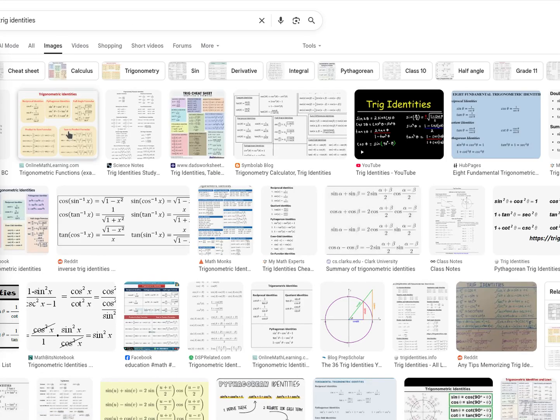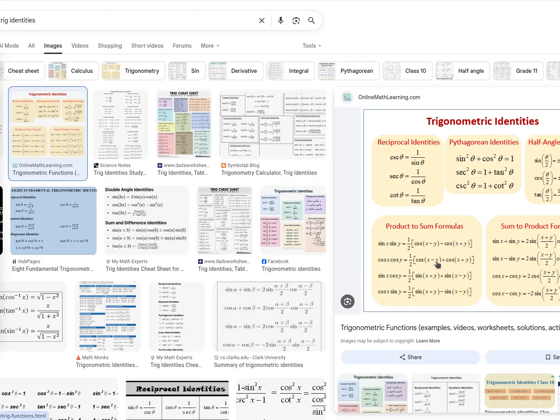0 plus cosine 2 theta. Okay. So from this identity right here, cosine x times cosine y, cosine squared is just when x and y are the same thing, so it's going to be 1/2 cosine 0 plus cosine 2 of my angle.